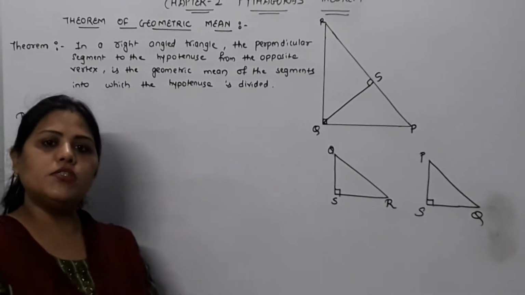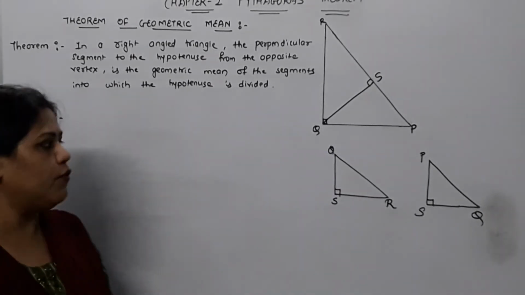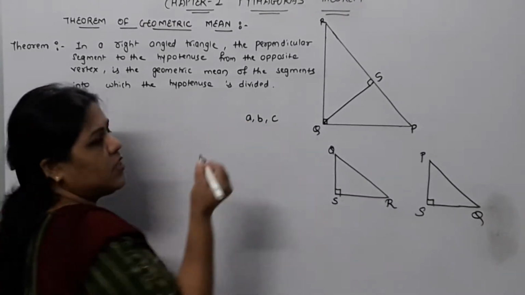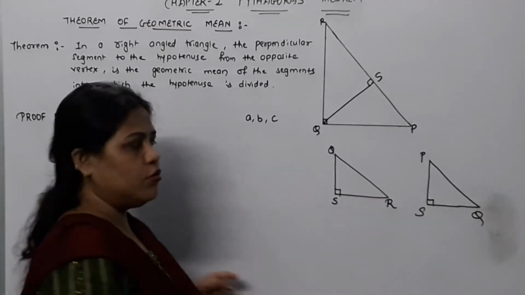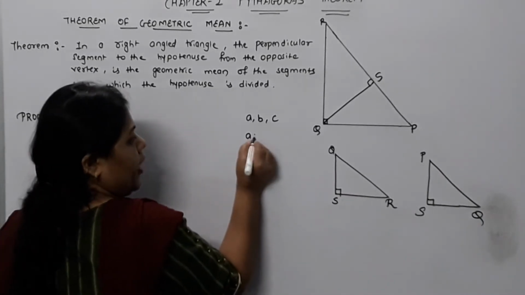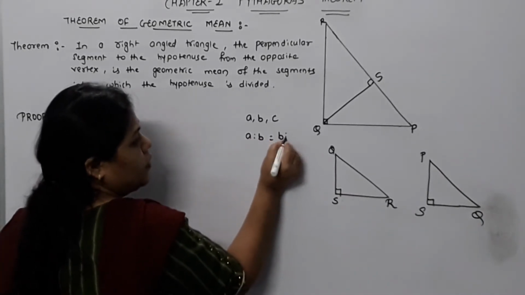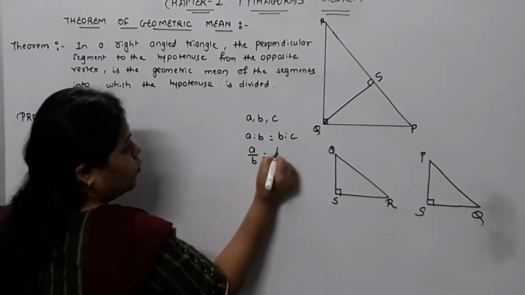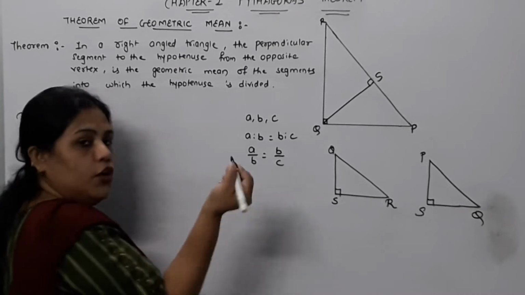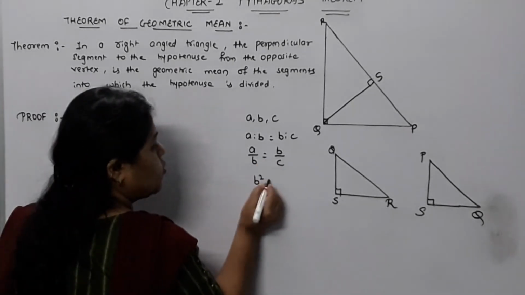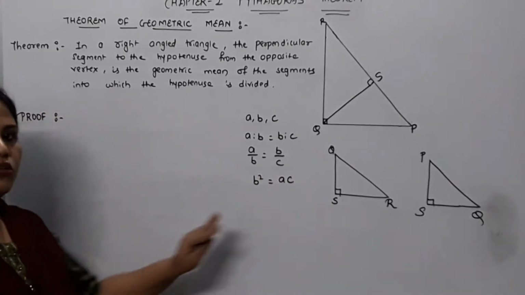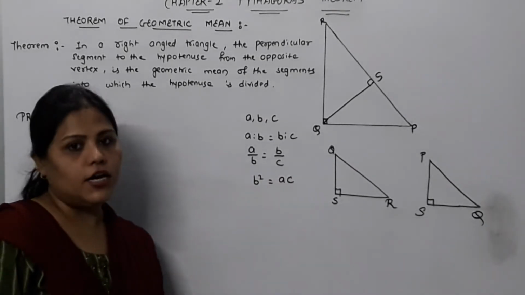If three terms are in continued proportion, say for example if three terms are A, B and C, and they are in continued proportion, can be written as A is to B is equal to B is to C. That is A upon B is equal to B upon C. Then we used to write it as B square, means B into B is equal to AC. This was geometric mean that we have learnt last year.